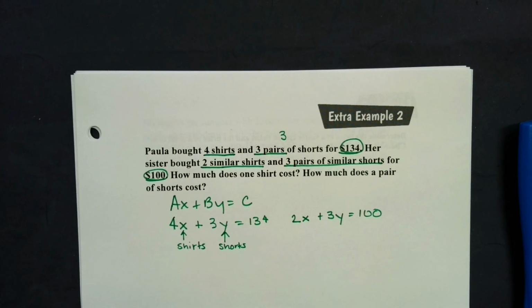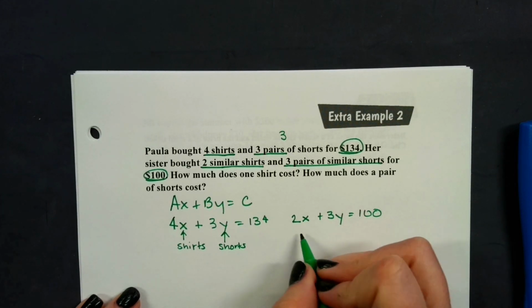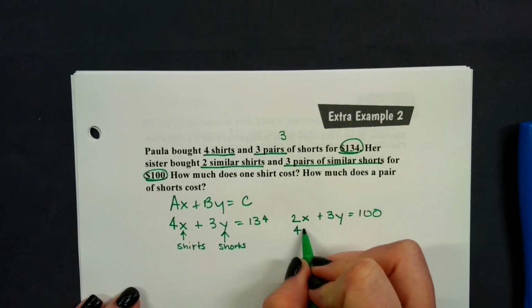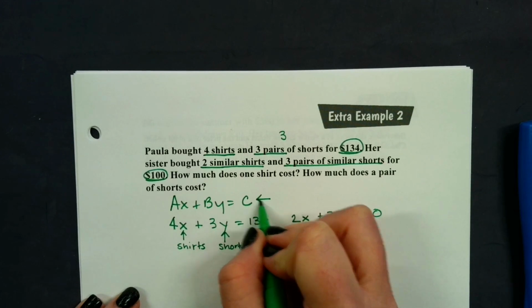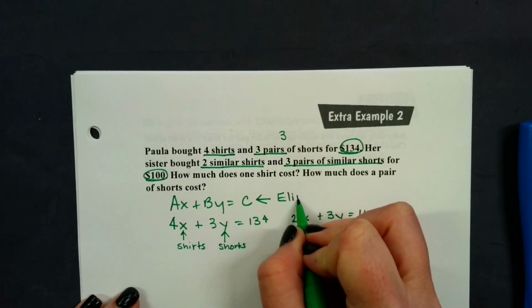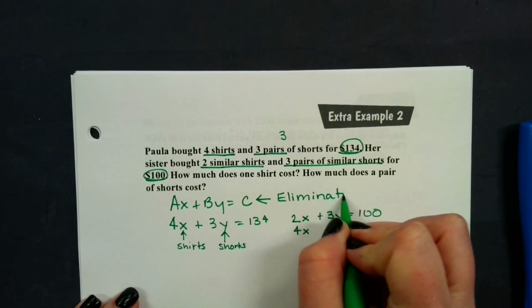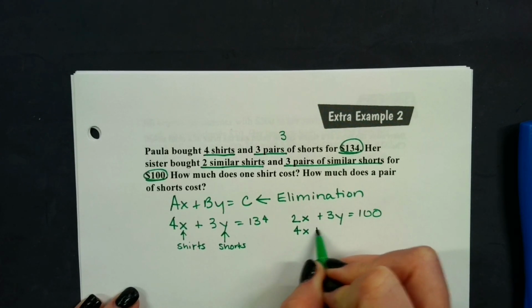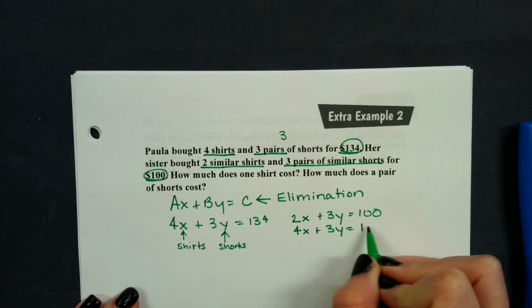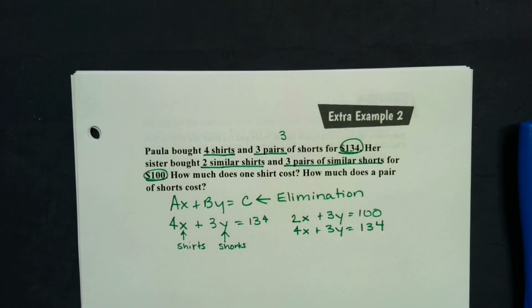Do you see how we did that? Okay. I'm going to set them up over top of each other because when it's this way, you're going to want to use elimination. Do you see what I see when I set it up that way?